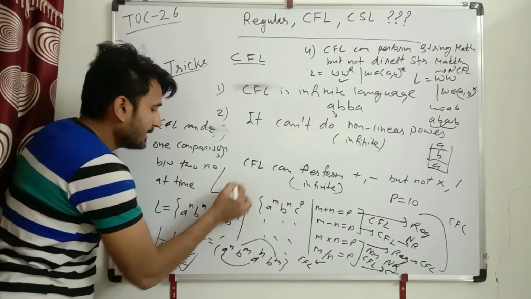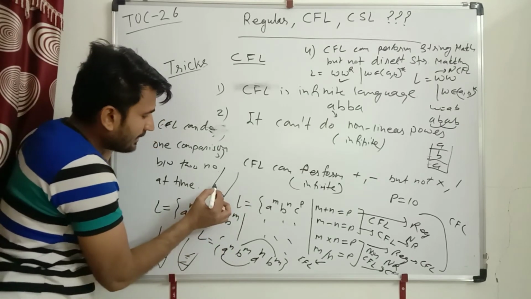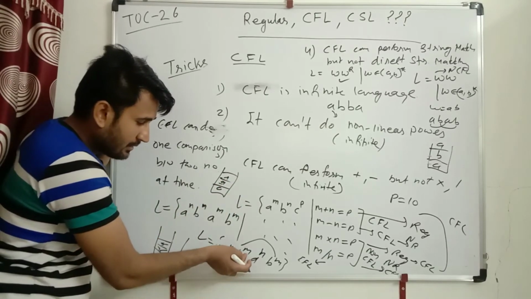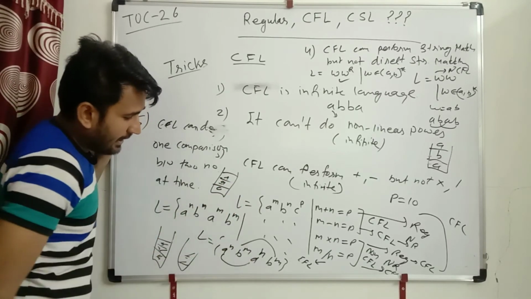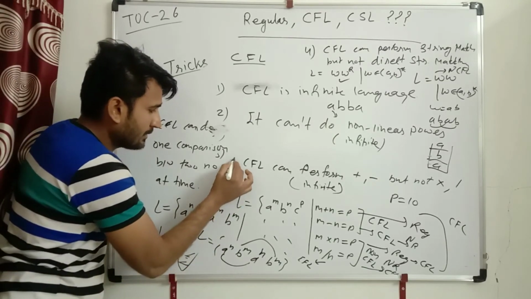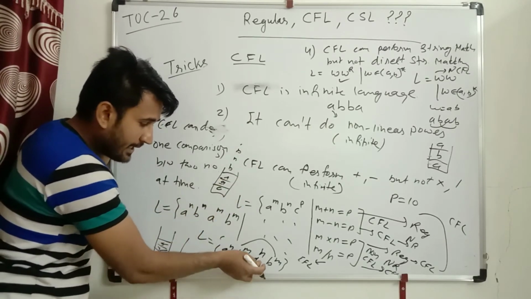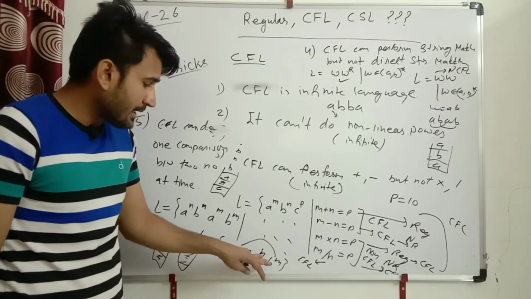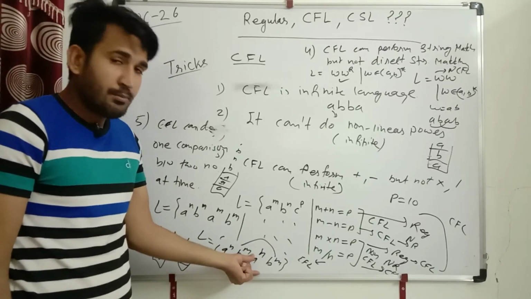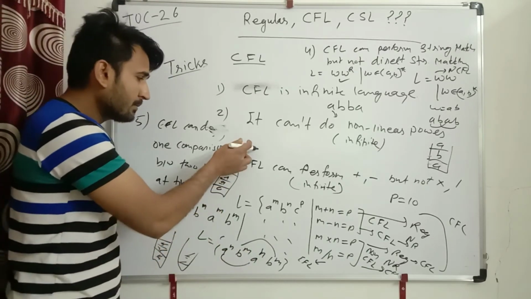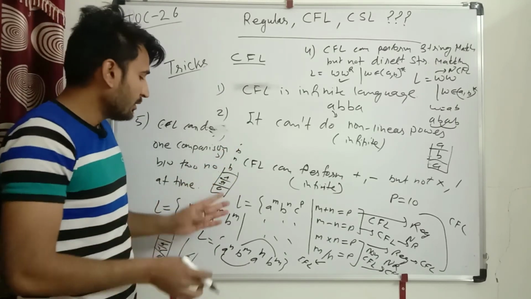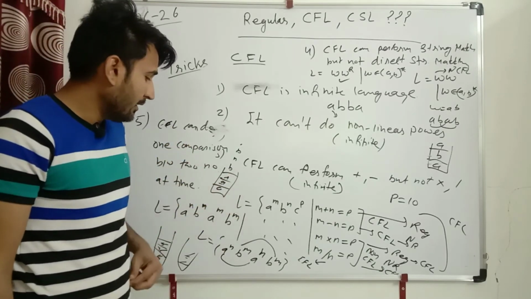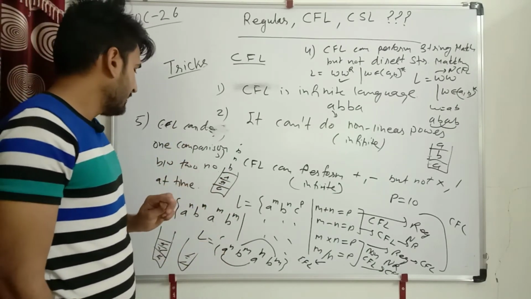Let's see: push A n times, and next push B m times. Next A came. It doesn't know how many times A should be popped, but on the stack it has B. It doesn't know where the A is, so it can't be a CFL. Okay, and this is not a CFL.